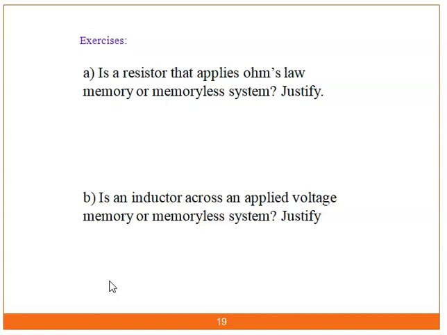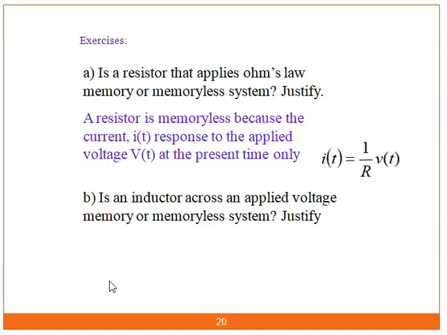Now, is a resistor that applies Ohm's law a memory or memoryless system? Justify this. A resistor is memoryless because the current i(t) responds to the applied voltage at the present time only.